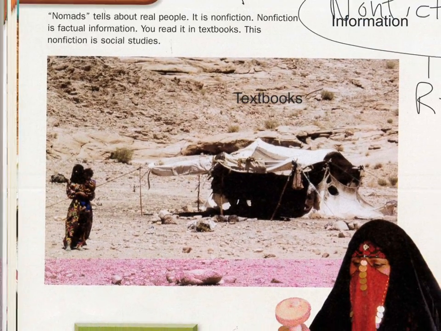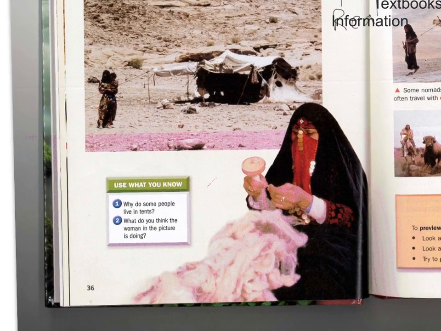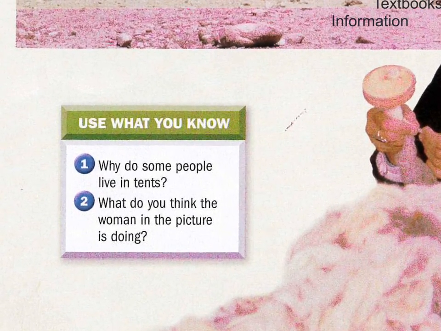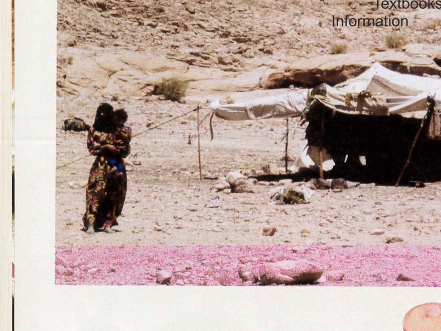Look at the picture. What do you see? This is a tent. Why do some people live in tents? What do you think the woman in the picture is doing?